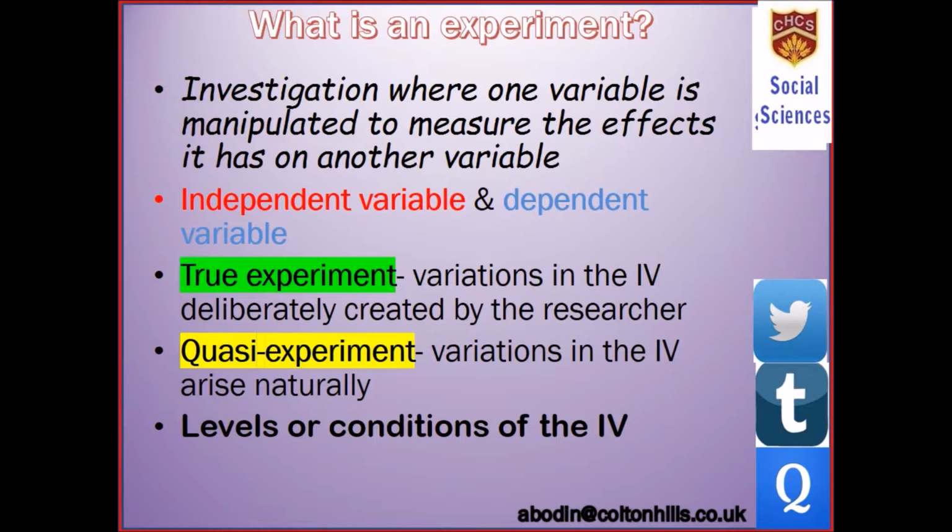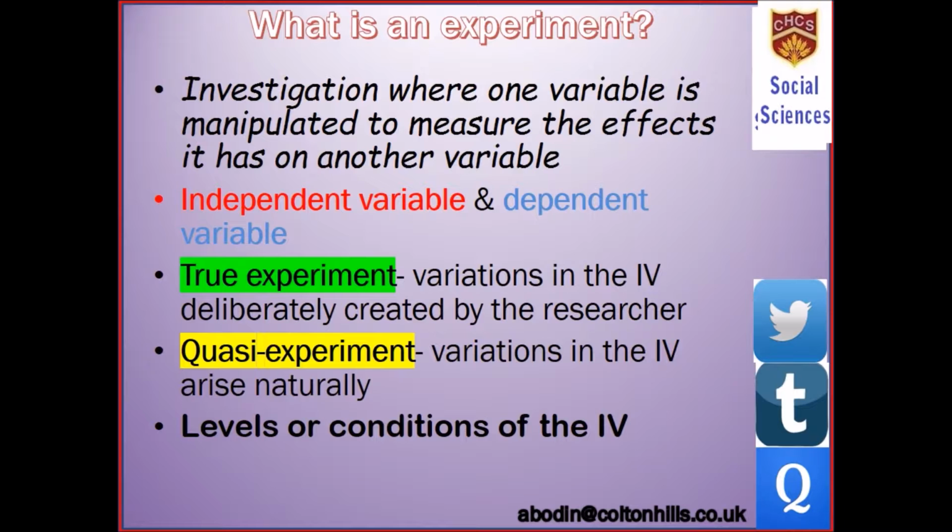Therefore, this is a quasi-experiment, and there are some good examples within the core studies of quasi-experiments just to get you thinking about what they actually are. One off the top of my head is the Maguire study, looking at the differences in volume in the brain with taxi drivers and non-taxi drivers.